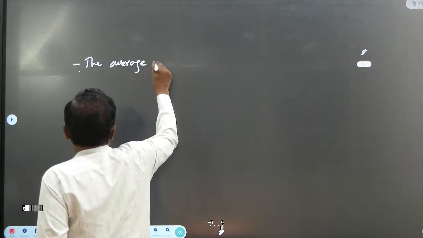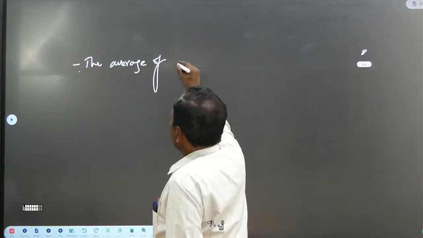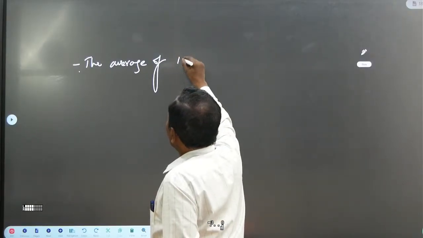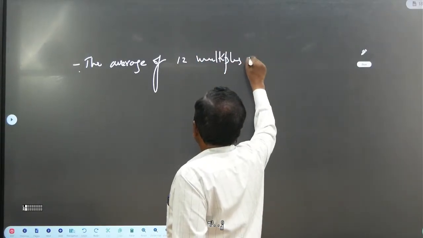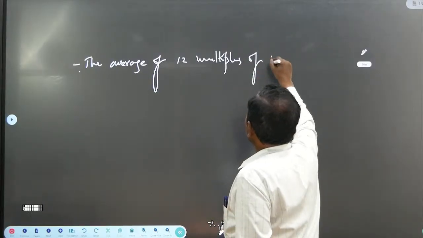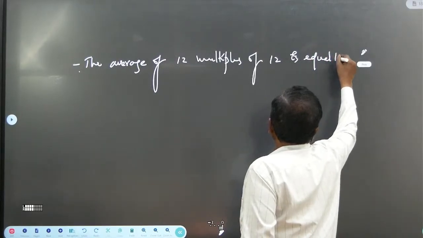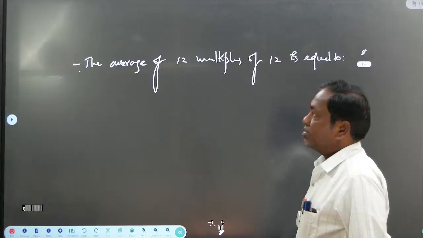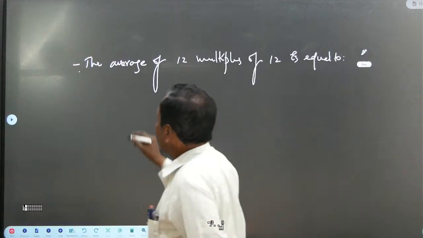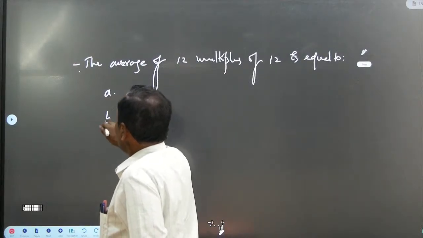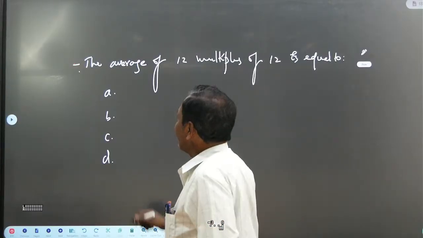The average of 12 multiples of 12 is equal to option A, option B, option C, option D. See that.